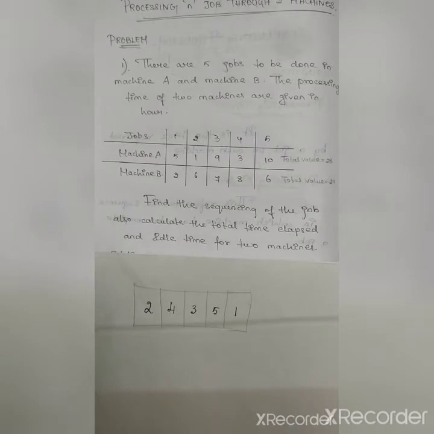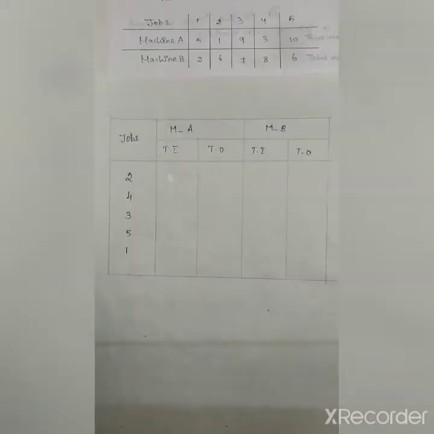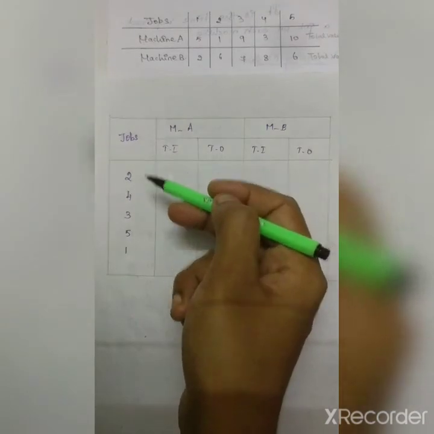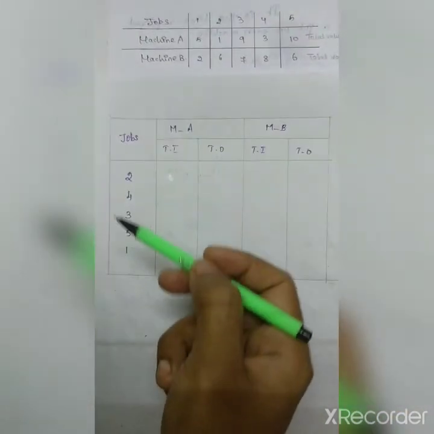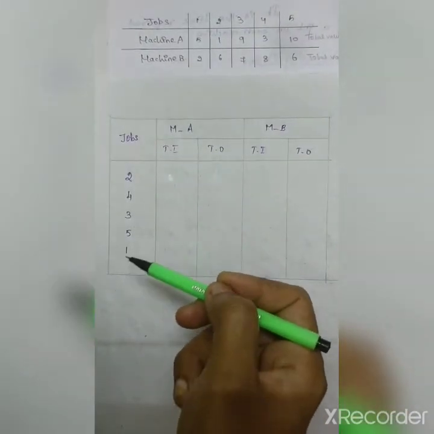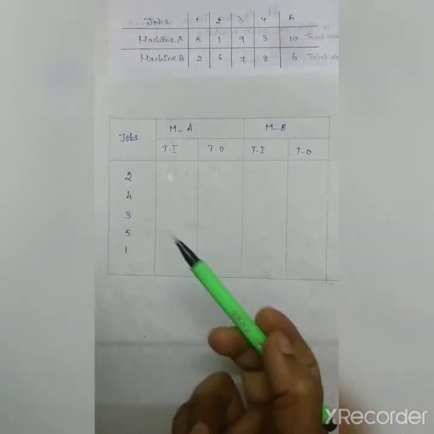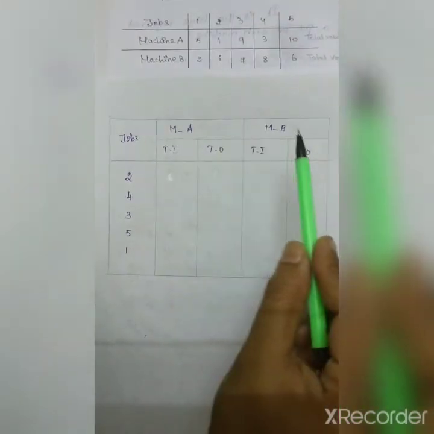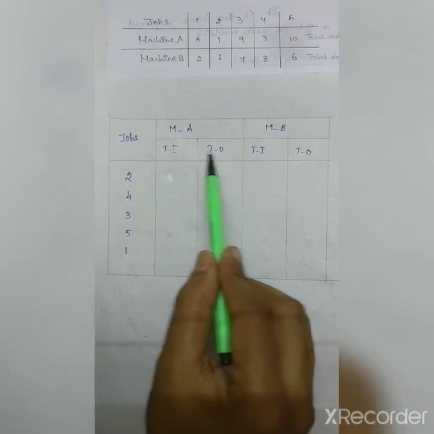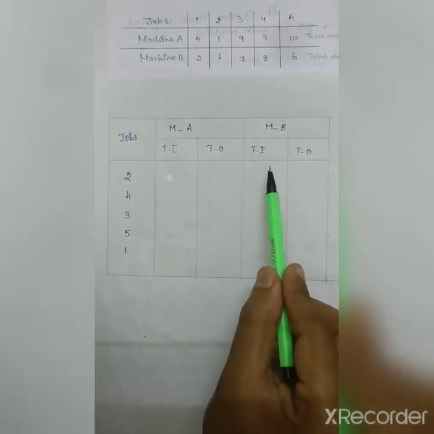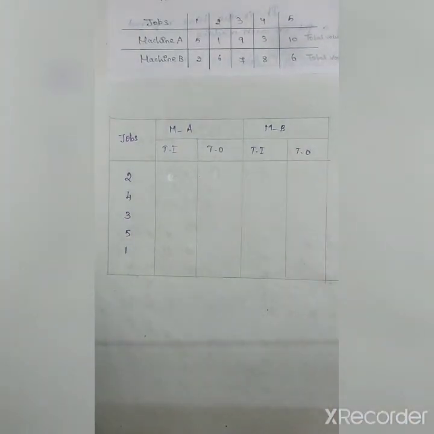Using this order we have to find the total elapsed time as well as the idle time. Now we come to the tabular column. Here we write the order of the jobs: 2, 4, 3, 5, 1, which we already found. Next are machine A and machine B, with time in and time out for each.